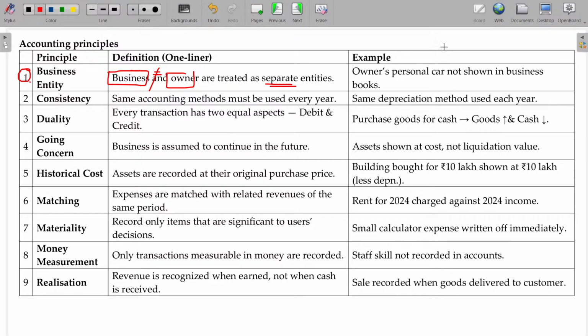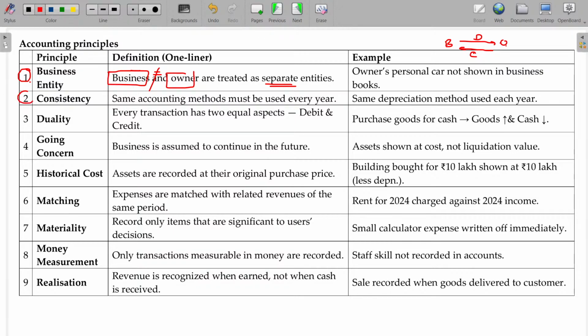Because of this, any amount transferred from business to owner as well as owner to business will be treated differently. If the money goes from business to owner, it will be named as drawings. If the money is introduced from the owner's pocket to the business, it will be named as capital.